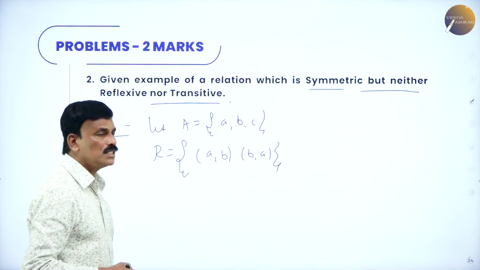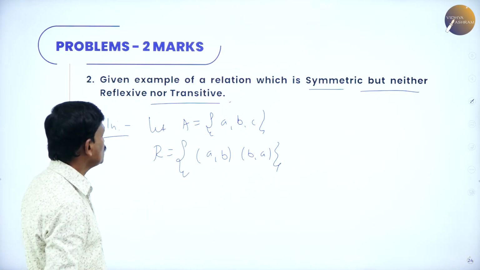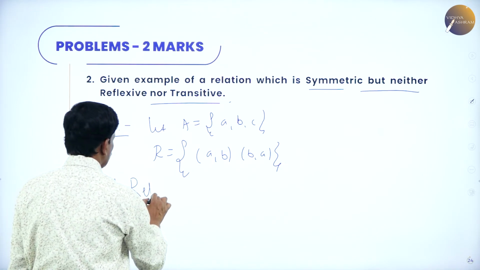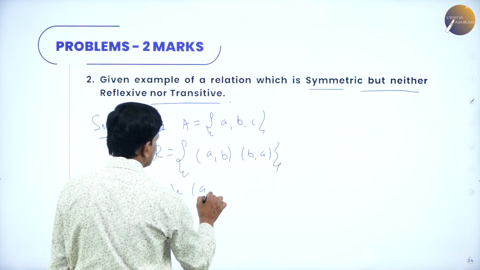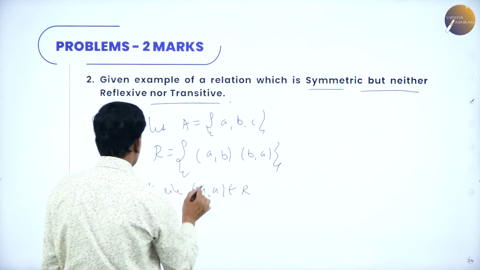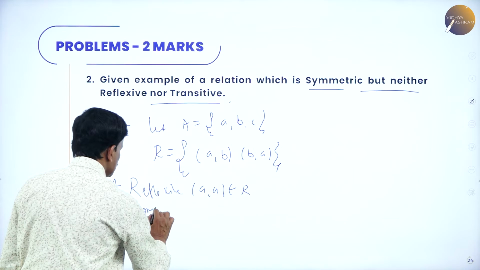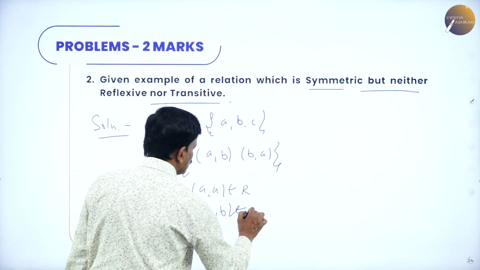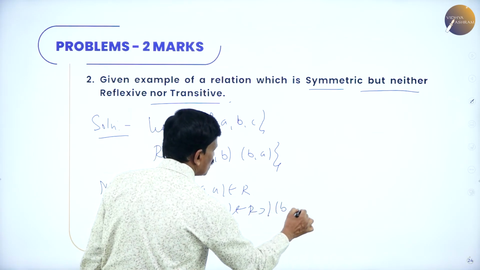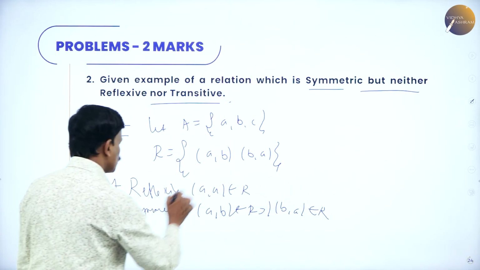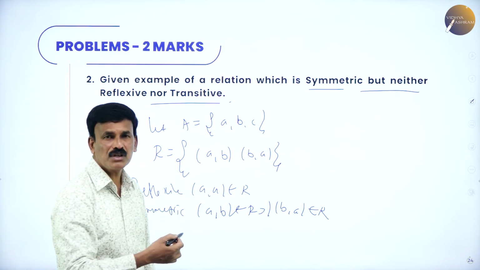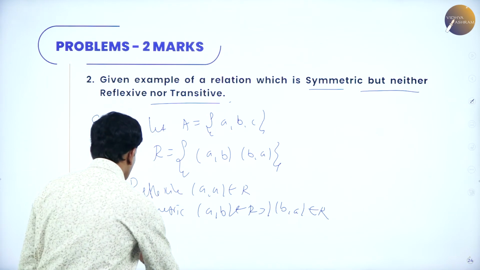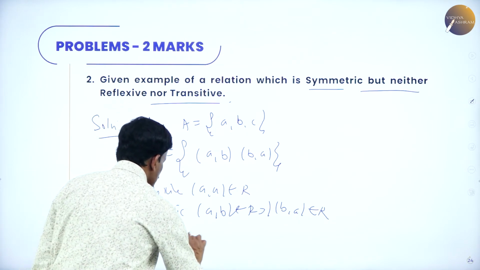This is an example for a relation which is not reflexive, because (a,a) does not belong to R. It is symmetric, because (a,b) belongs to R implies (b,a) also belongs to R. And it is not transitive, because (a,b) belongs to R and (b,c) belongs to R does not imply (a,c) belongs to R. So R is not transitive.